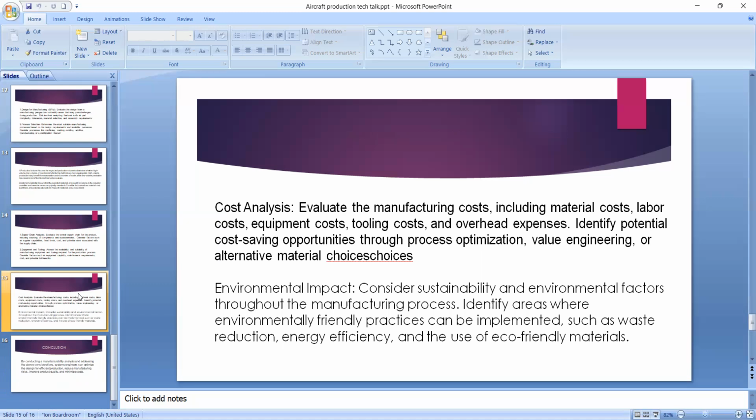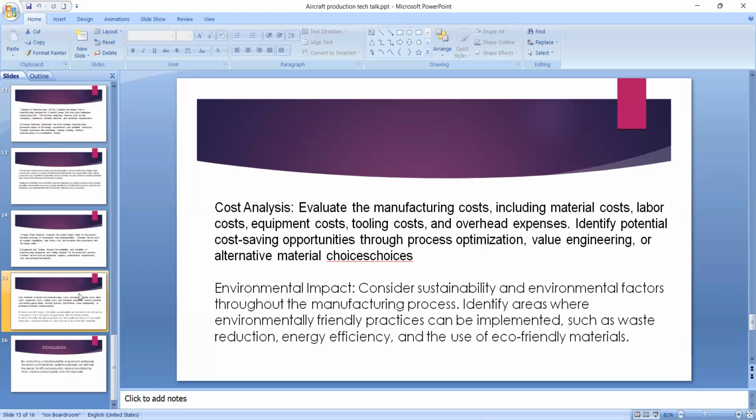Cost analysis: evaluate the manufacturing cost, including materials cost, labor cost, equipment cost, tooling cost, and overhead expenses. Identify potential cost saving opportunities through process optimization, value engineering, or alternative material choices.